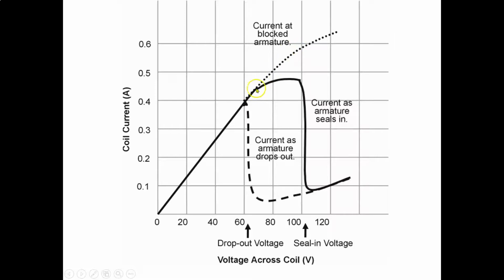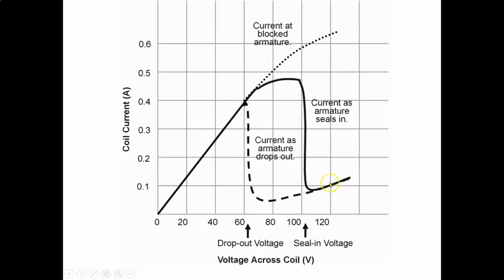Once I get up to right about here, my current's going to drop all the way down, which is a good thing. It's going to drop all the way down here, and my voltage is still going to increase until 120 volts.